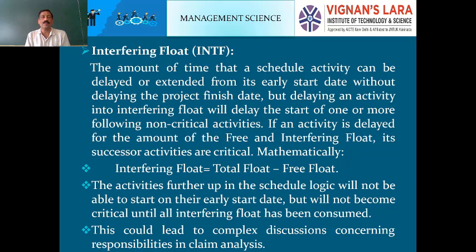But delaying an activity into interfering float will delay the start of one or more following non-critical activities. If your activity is delayed by the amount of the free and interfering float, its successor activities are critical. Mathematically, interfering float is total float minus free float. Both are calculated above and substituted in this equation.